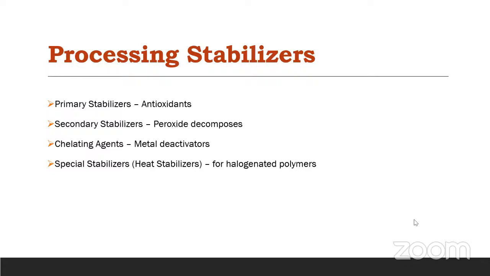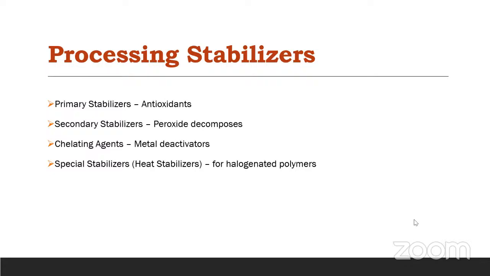Free radicals are chemical species, or we can say molecules, which are highly reactive, and due to their highly reactive nature, they disturb the polymer structure, they break the polymer structure, and form a disturbed structure. Some common antioxidants which I can mention here are hindered phenols and some aromatic amines.